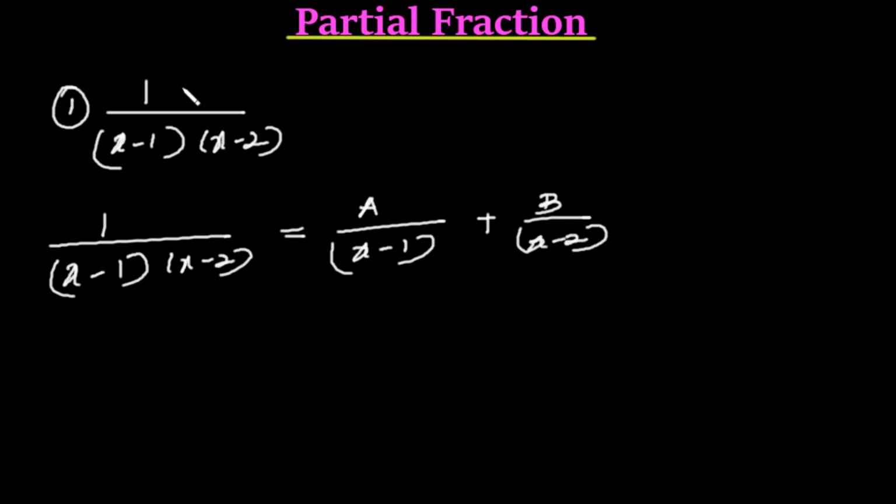You can see in this problem the numerator has 1, which is a constant, but the denominator has a quadratic function. So here the maximum power is 2, because a quadratic function has power 2, but in the numerator the maximum power is 0.